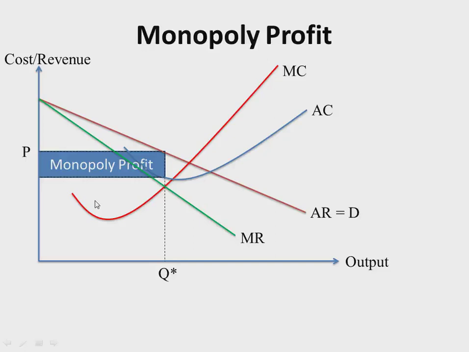Now, monopolists may also make losses in the short run, but in the long run, if such losses persist, the monopolist is likely to close down the firm. How does the loss structure appear for the monopolist?